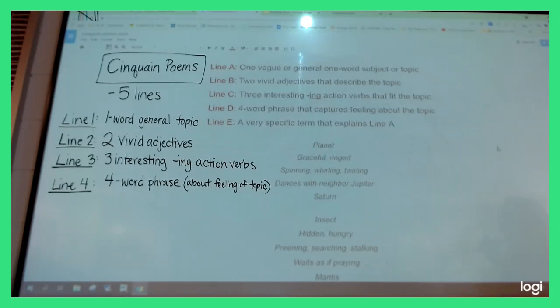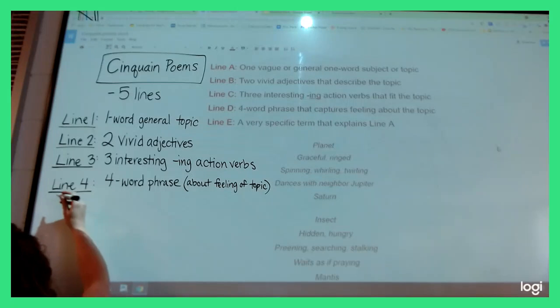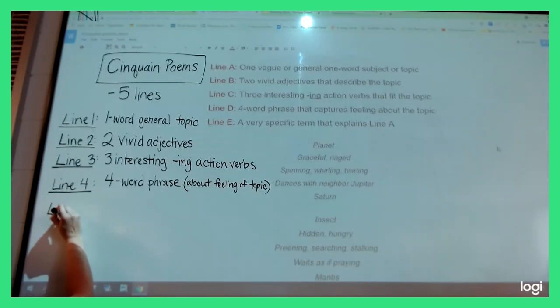All right, now finally, line 5 is basically the easiest one, maybe other than line 1. Line 1 and line 5 are both easy.